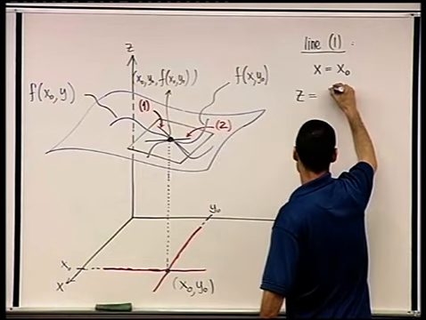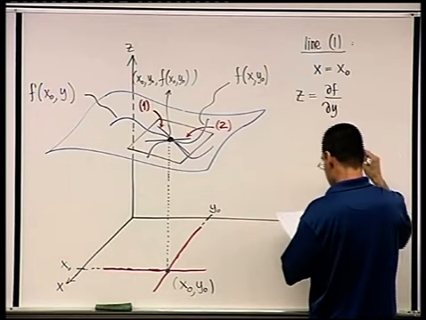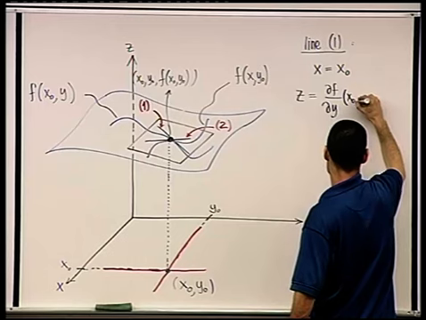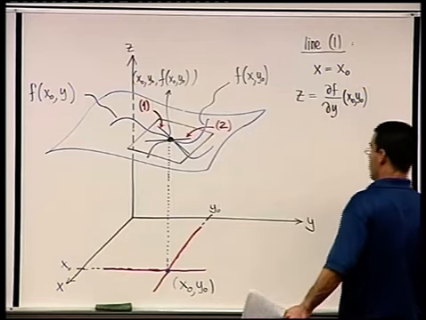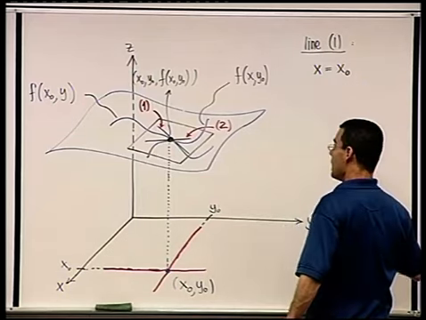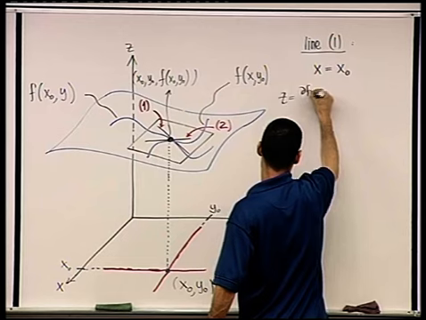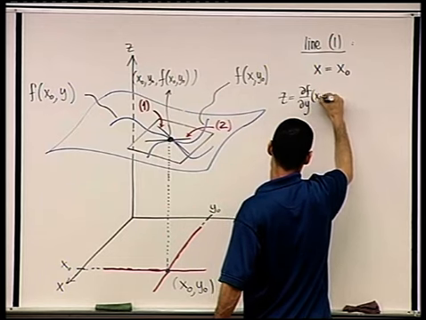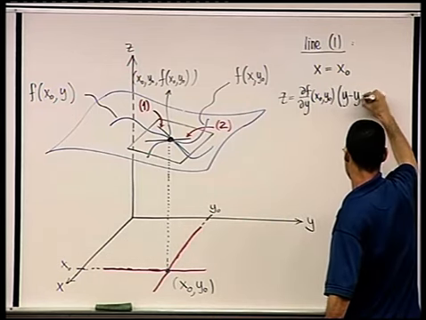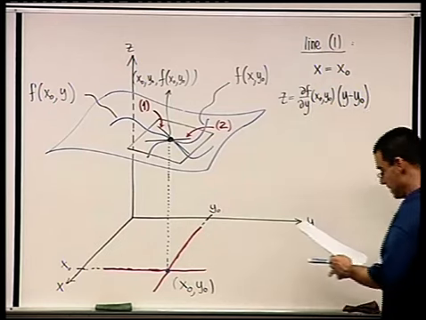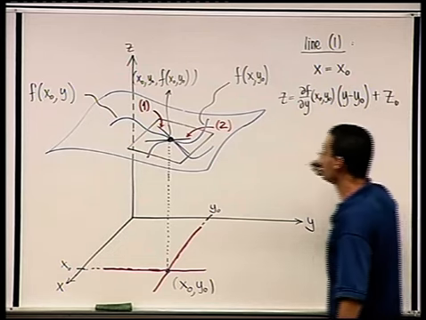So z equals df/dy at x0, y0, times y minus y0 plus z0, where z0 is this thing.